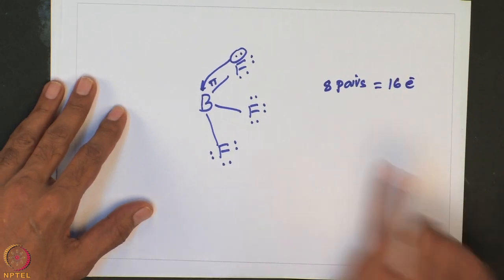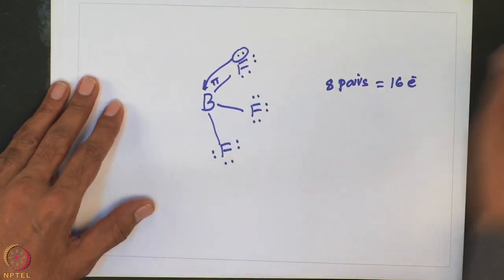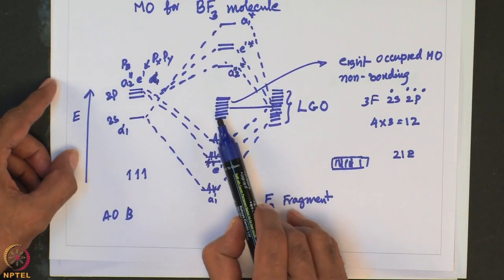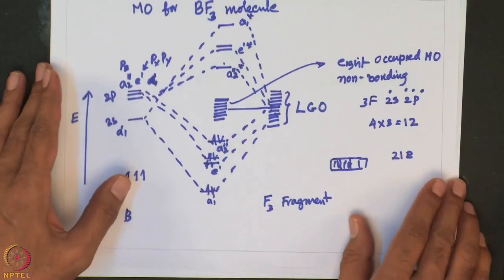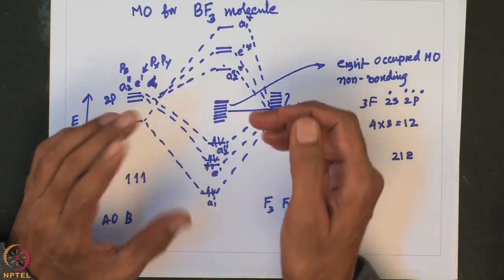Okay. So, these 16 electrons occupy these 8 orbitals. Again, if you have any doubt about how we have 8 orbitals here: the total ligand group orbitals are 12. 3 p orbitals and 1 s orbital, that means 4 orbitals from each fluorine, times 3, gives 12 orbitals.